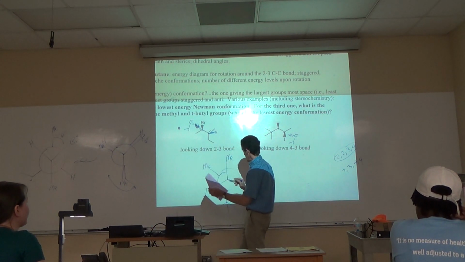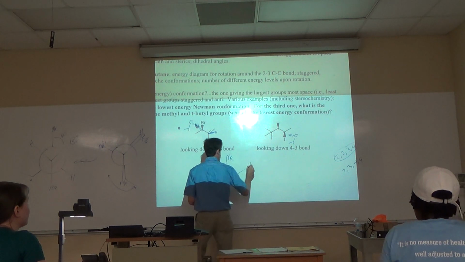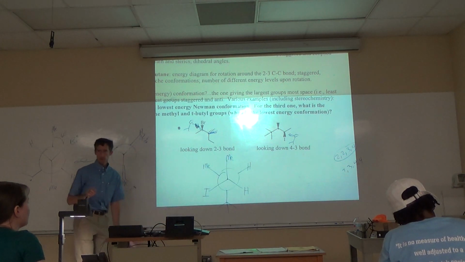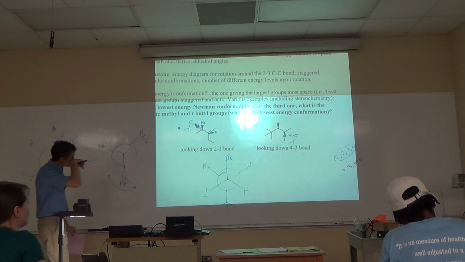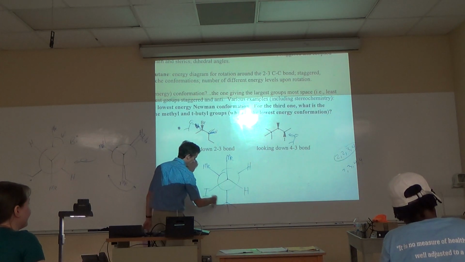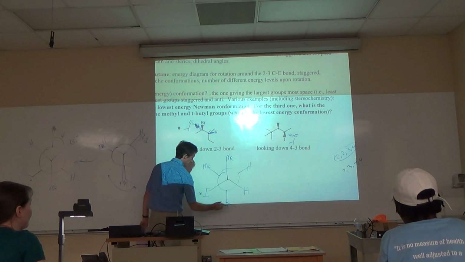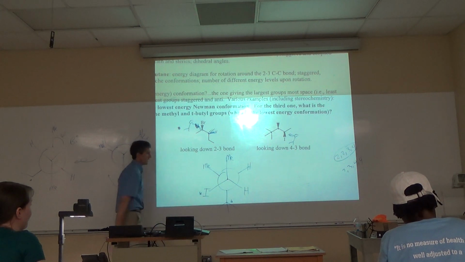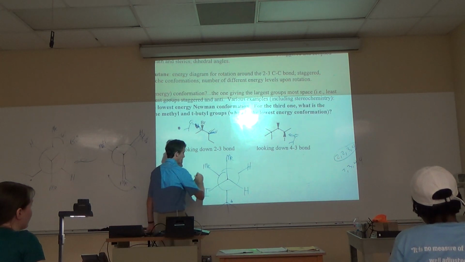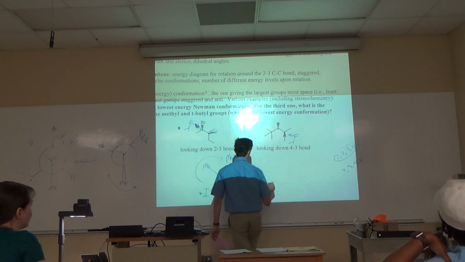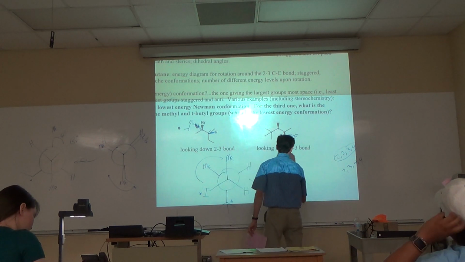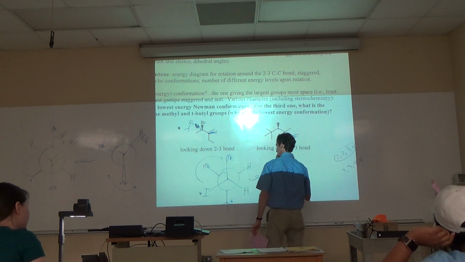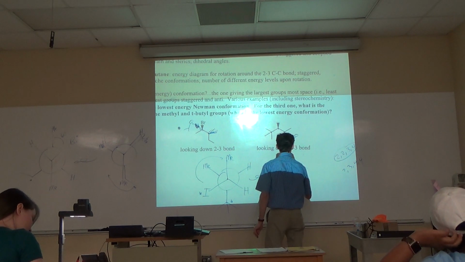And what else is on that carbon? Undrawn H. It's going the other way. Is that the best? No. Right now, you have the two biggest groups gauche. Let's rotate the front. Let's put the iodine anti to the terbutyl. Circle, circle, dot, dot. Iodine straight up.